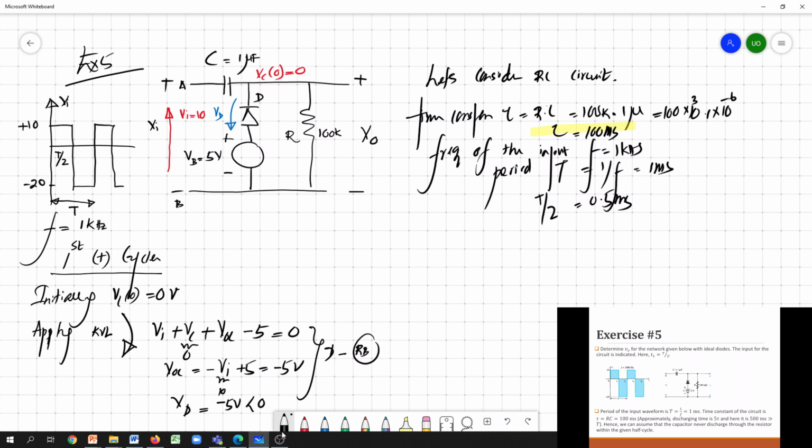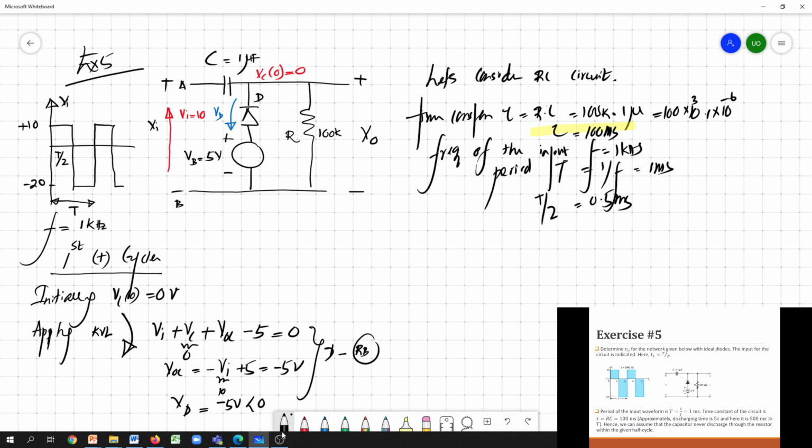But this particular RC circuit needs at least 5 times tau, which is 500 milliseconds, to converge to the maximum or to the minimum of 0.